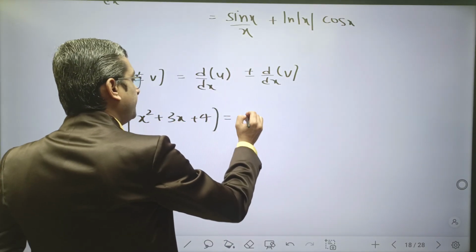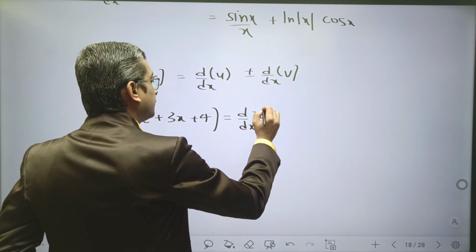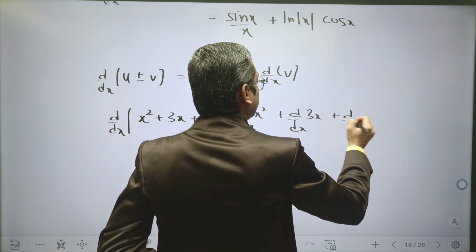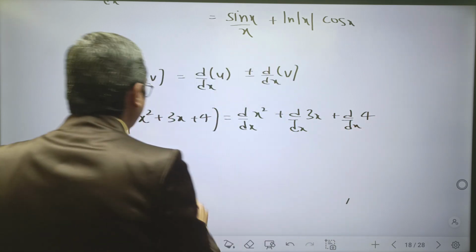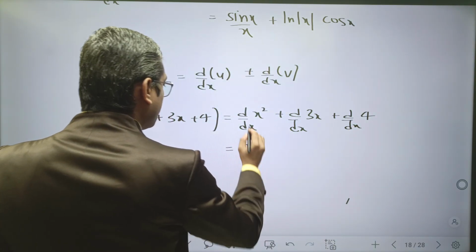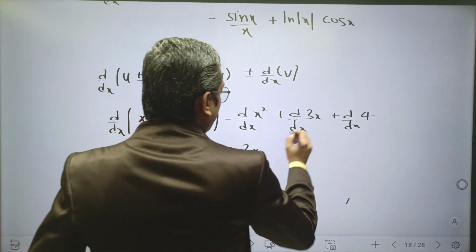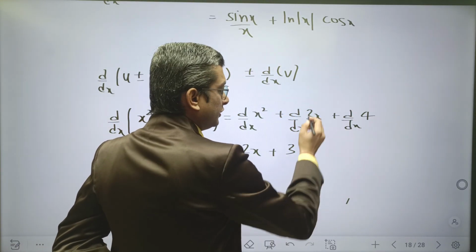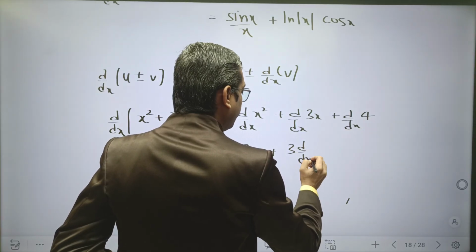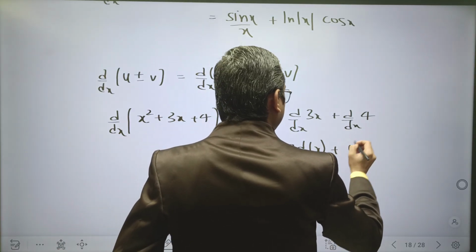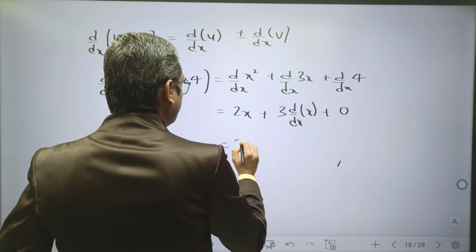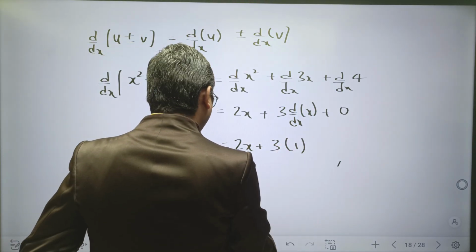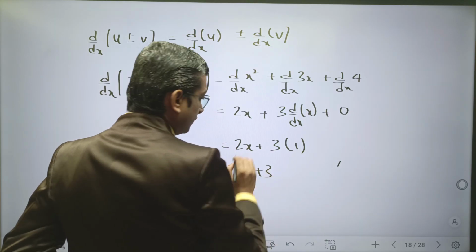So separate it: d by dx of x square plus d by dx of 3x plus d by dx of 4. So d by dx of x square is 2x, by the x to the power n minus 1 formula. And for 3x, take 3 outside, because for d by dx of c into any function, you take the constant outside the differentiation, and you are left with d by dx of x. Constant differentiation is 0. d by dx of x is 1. So the answer is 2x plus 3.